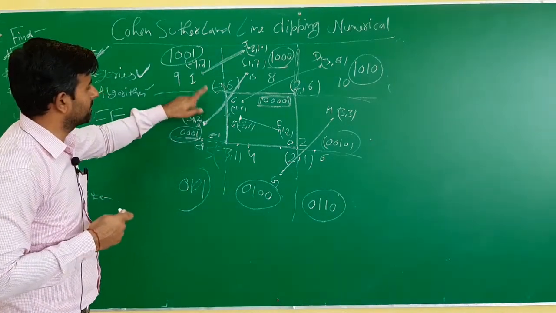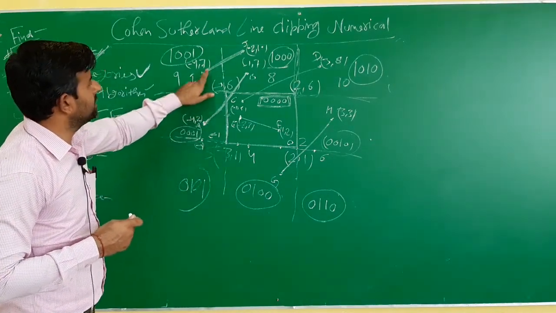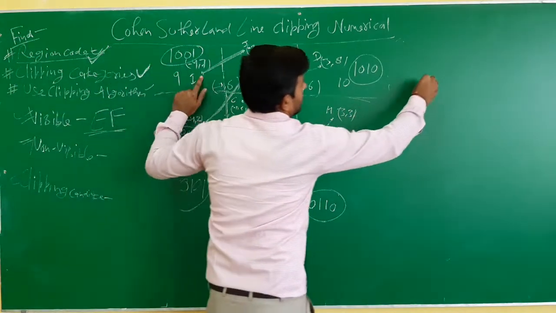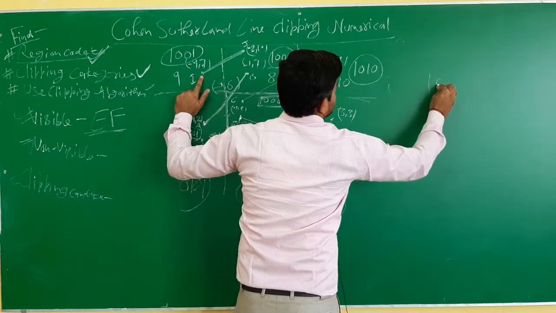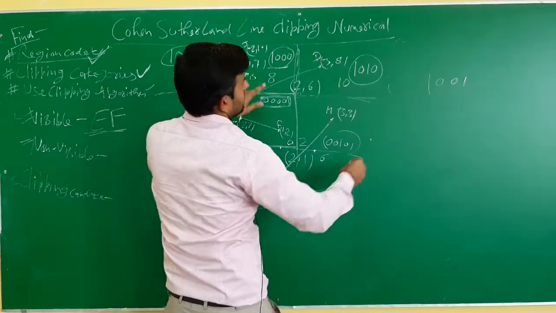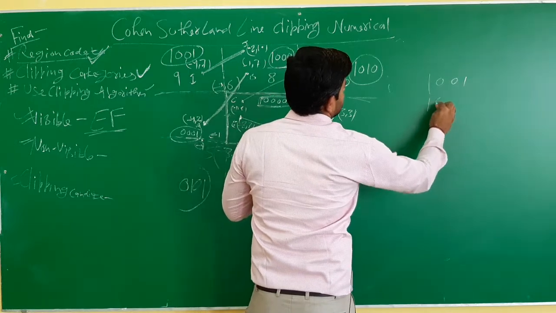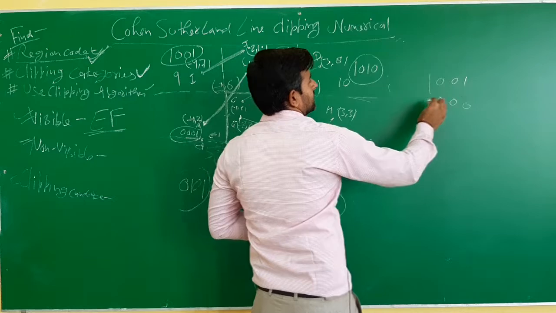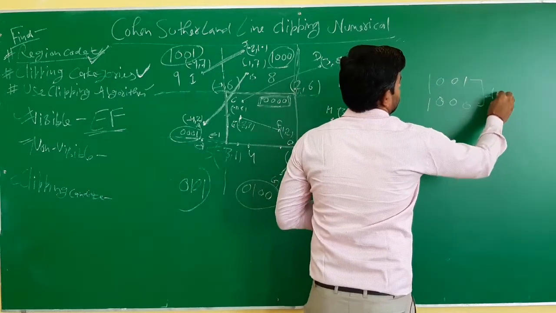For line IJ, I has the region code 1 0 0 1, clear, and J has the region code 1 0 0 0. We will take the logical AND.